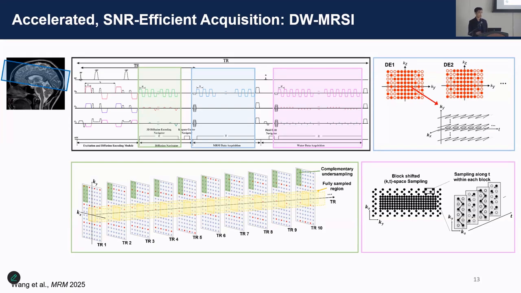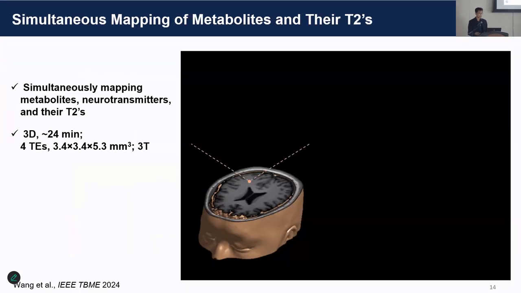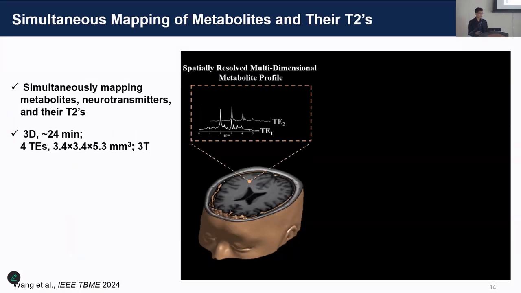In this case, it allows us to achieve fast, robust, high-resolution diffusion MRSI to enable multi-metabolite diffusion parameter mapping in clinically feasible time. So if you do a few things right and combine them together, this is one of the capabilities you can achieve.